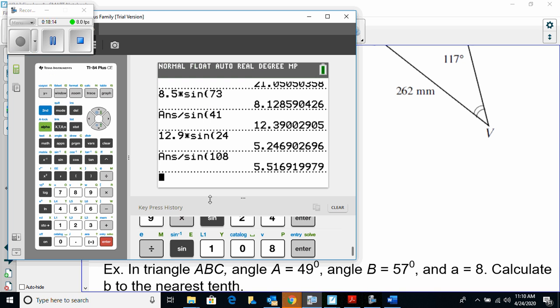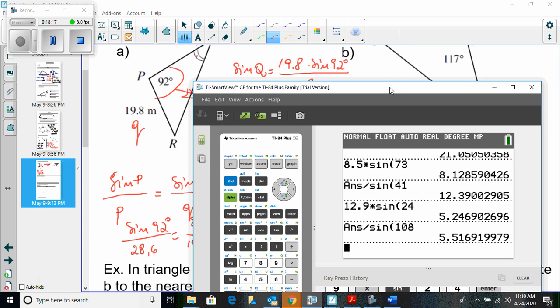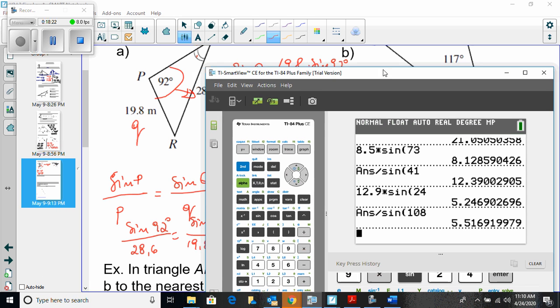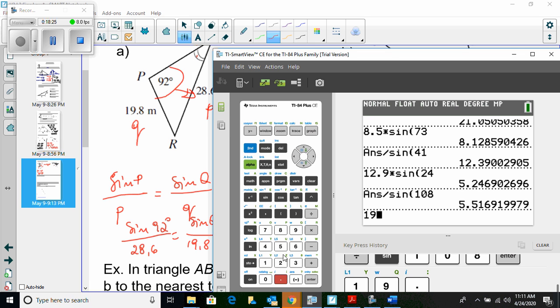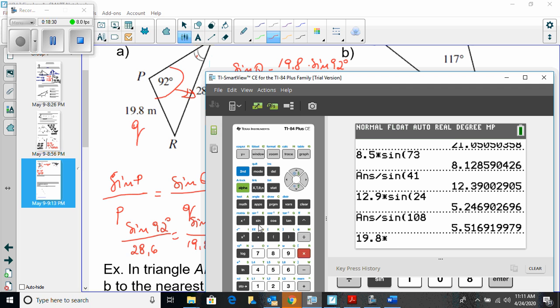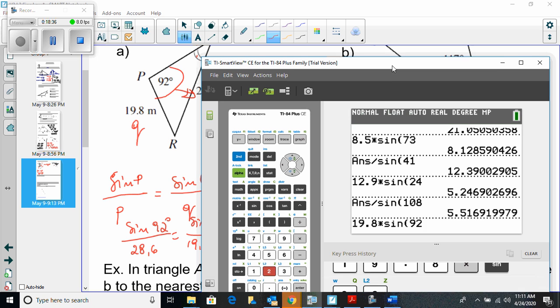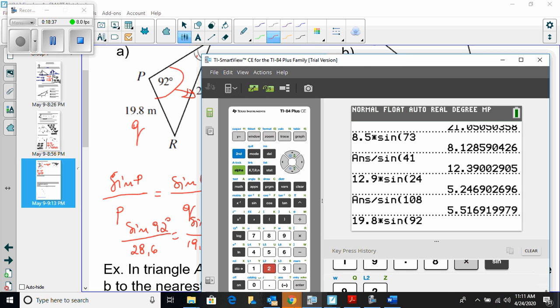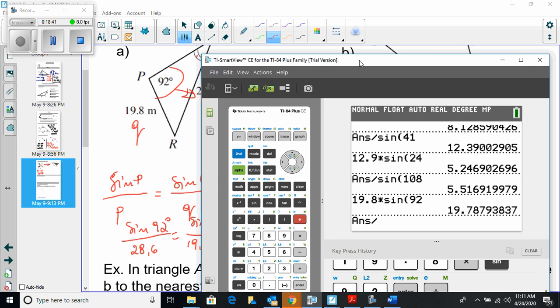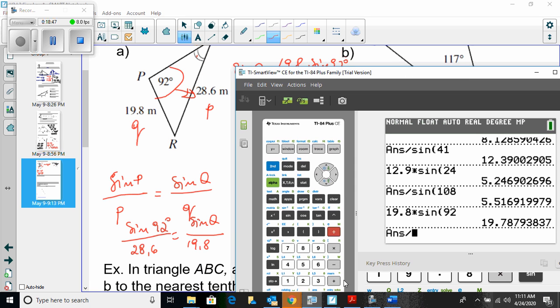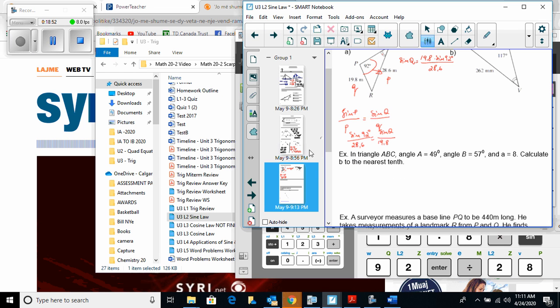With the help of the calculator, we do 19.8 times sine 92, divided by 28.6.